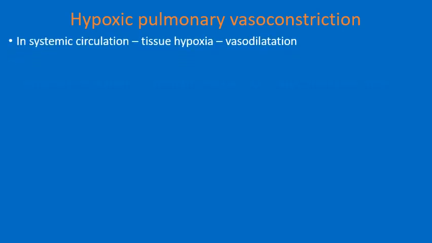Now coming to hypoxic pulmonary vasoconstriction, what is actually this? In systemic circulation, whenever there is tissue hypoxia, vasodilatation occurs, so that there is more blood supply to the tissues and increased oxygen delivery to the tissues. But what happens in pulmonary circulation?